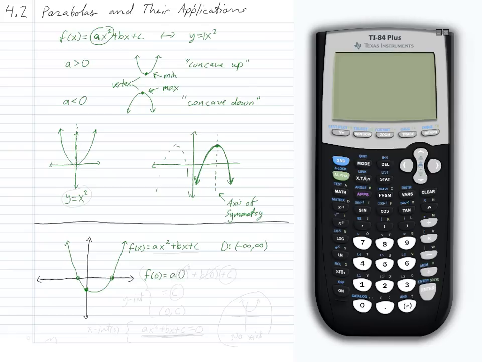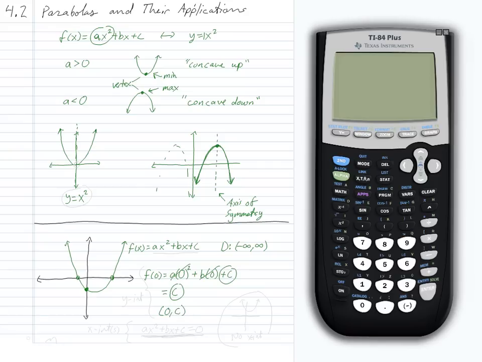And we see that every piece of the formula that contains an x, those terms all go to 0. So we have 0, 0, and c. Very similar to lines, the constant term tells us the location of the y-intercept, in this case (0, c).